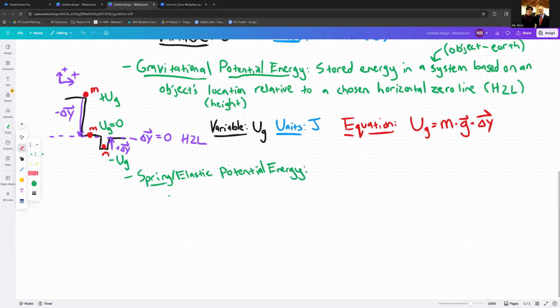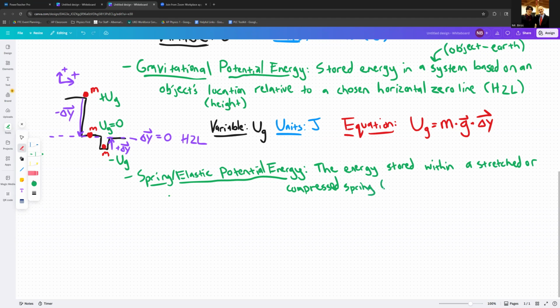Okay. And this is basically what it sounds like, which is the energy stored within a stretched or compressed spring or some other elastic material.